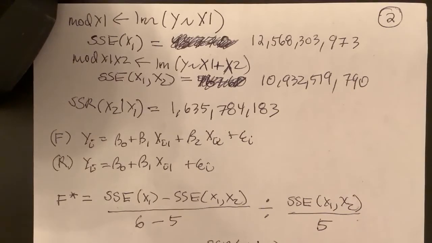So on average, what do I have? If I divide by 8, I get roughly 1.5 billion per data point, and if I take the square root of that, what would it be?